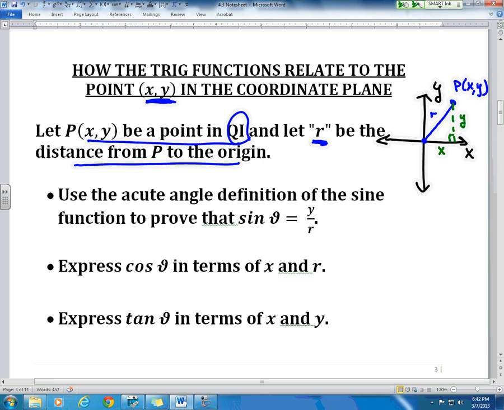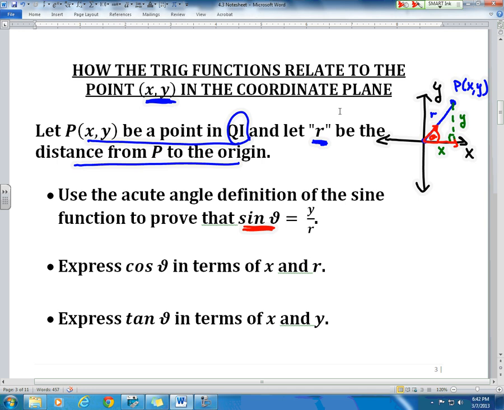Now, if this right triangle is formed, remember what we studied in the last section. If I call this angle theta, this central angle theta here, with initial side here, terminal side here, and I've got this right triangle, I know according to right triangle trigonometry that the sine of theta, it says use the acute angle definition of the sine function to prove that the sine of theta is equal to the value of y over r.